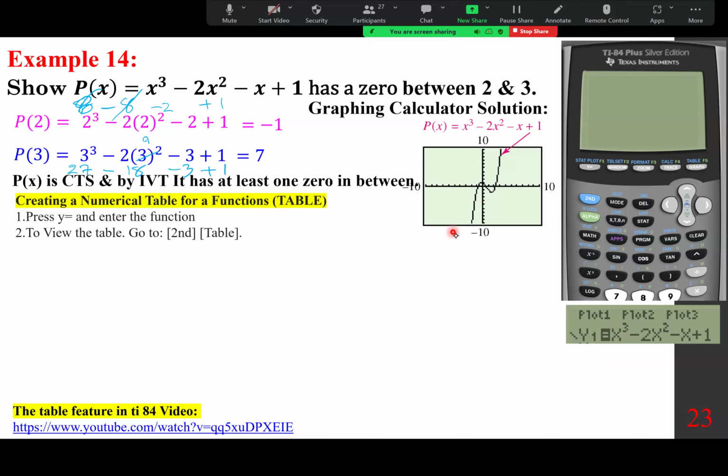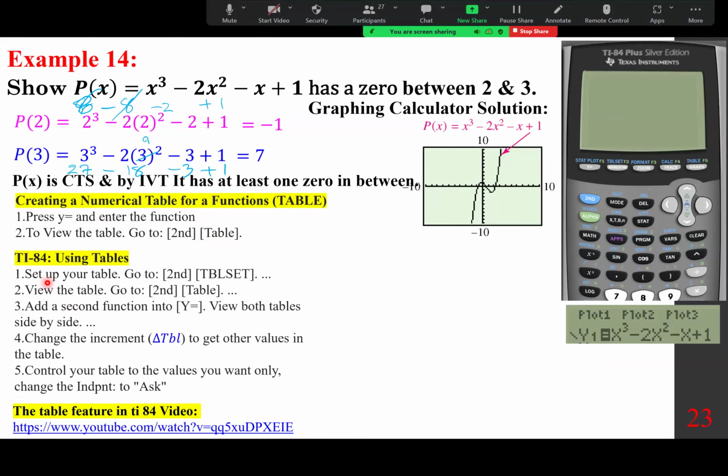The table feature creates a numerical table for a function. Press Y equals and enter the function. To view the table, go to second table. If you click on graph, you can see that. This part says set up your table, go to second table, view the table. It explains how to do it step by step. Take a look.